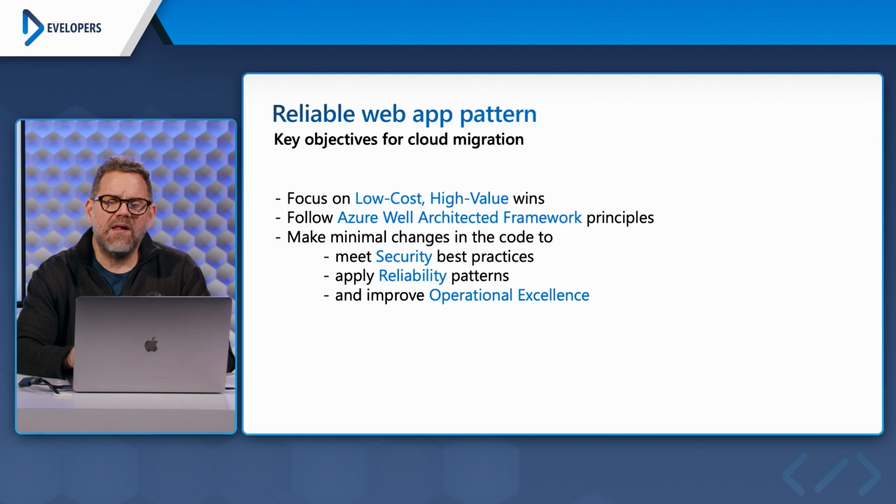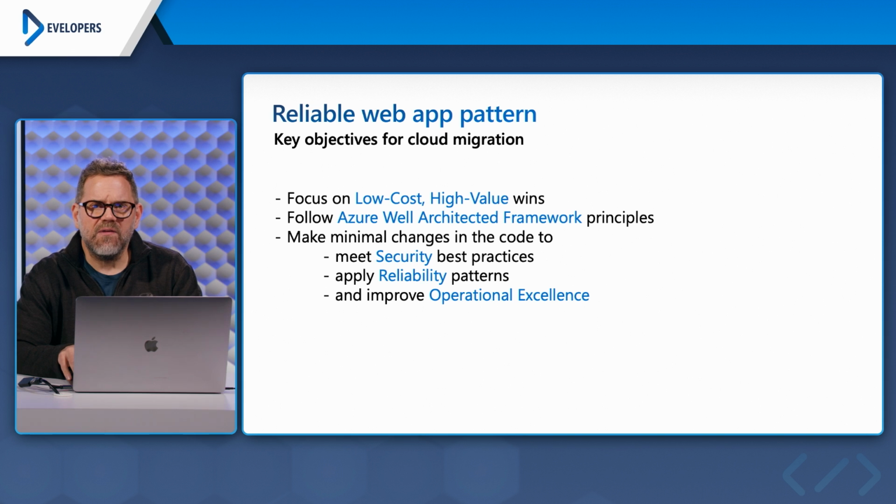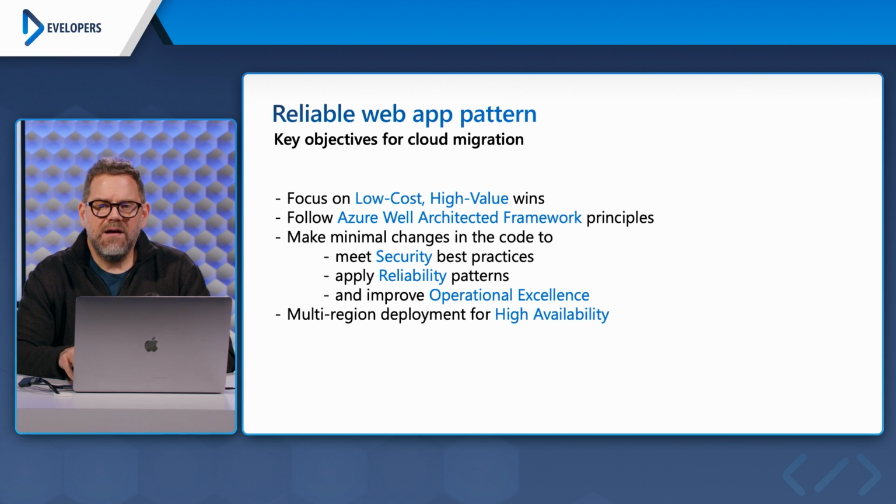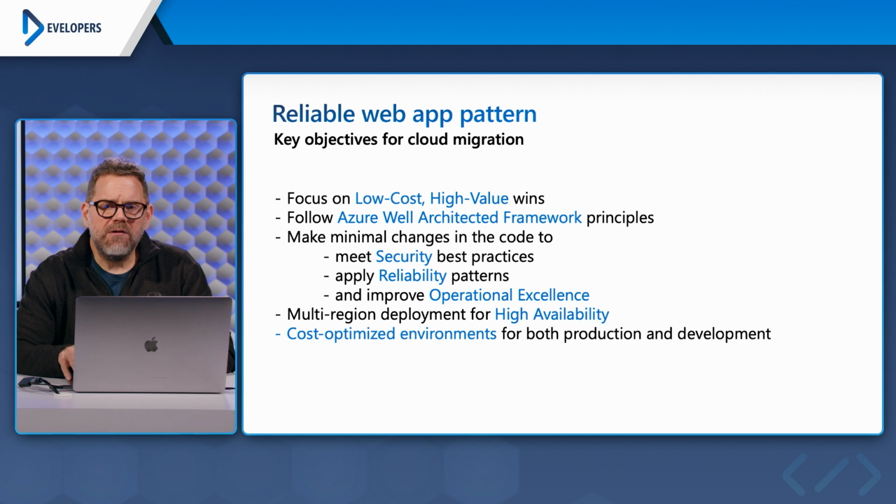We want to apply reliability patterns to it. And we also want to improve the overall operational excellence that our application is exhibiting. And we're going to do multi-region deployment to have high availability with our application as well. And we're going to show how to do cost optimized environments because we don't want development to cost as much as production.